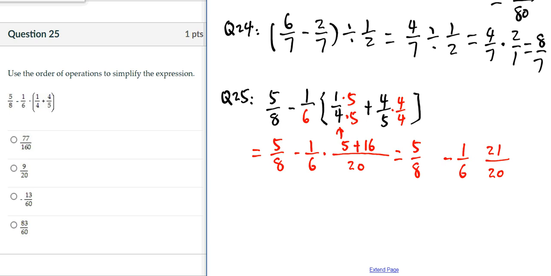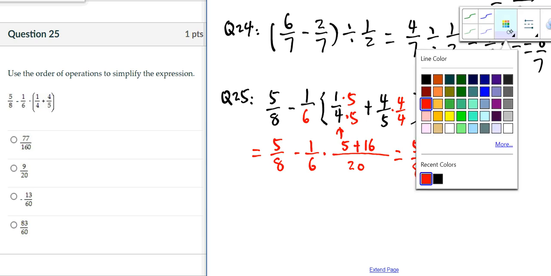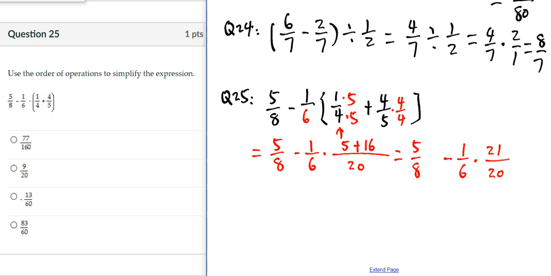Here is multiplication. So 21, you want to split that into 3 times 7. Okay. And here, 6 is 2 times 3. And then you know 3 can be cancelled, right? You know 3 can be cancelled.